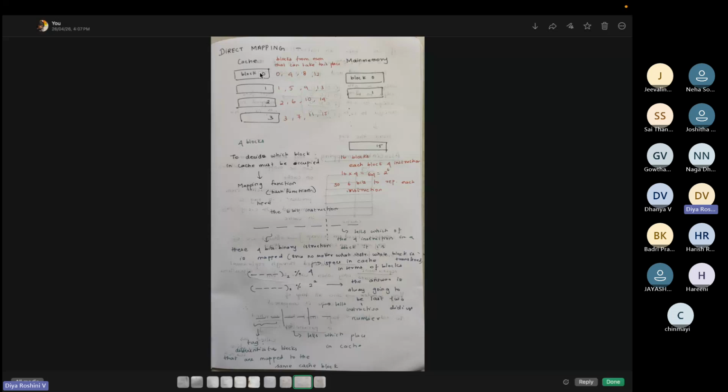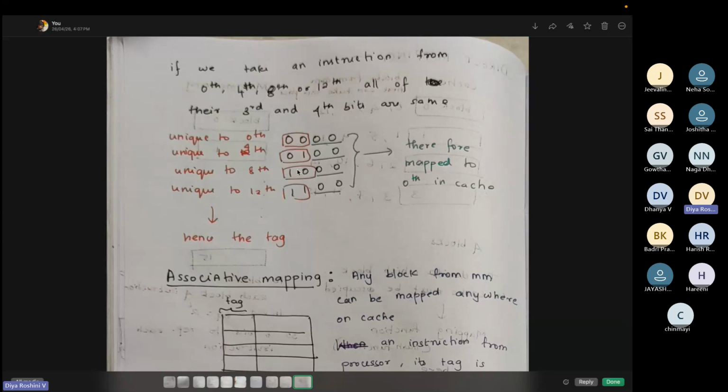But I don't know whether it's the 0th block, 4th block, 8th block, or 12th block that is present in the cache, right? So I will then compare. What I got from the processor was 1000. But if in my cache it was 0100, I know it's a cache miss, and I'll go to the main memory. But if the tag was 10, then it's a hit.